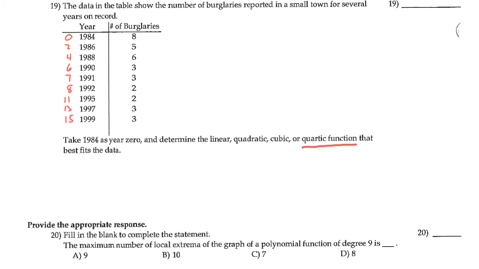And when you read your calculator on this one, be super careful, because my a value on this quartic function says negative 3.24 e to the negative 4. So remember, that means the decimal moved 4 places to the left, so we'd have 3 zeros and then a 3. That's x to the 4th.